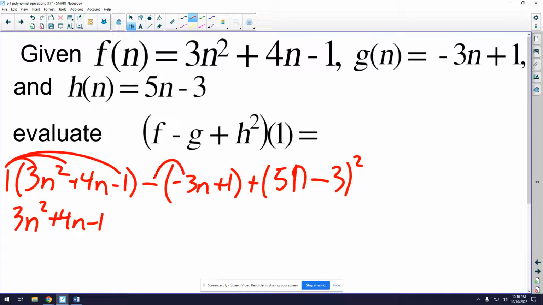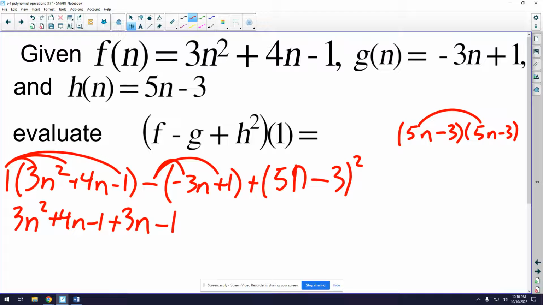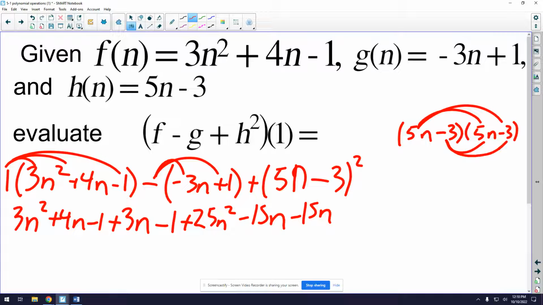But the next one has a negative in front, which changes that to a positive 3n minus 1. And your squared part is 5n minus 3 times itself. 5n times 5n is plus 25n squared. 5n times negative 3 is minus 15n. Negative 3 times 5n is minus 15n. And negative 3 times negative 3 is a positive 9.